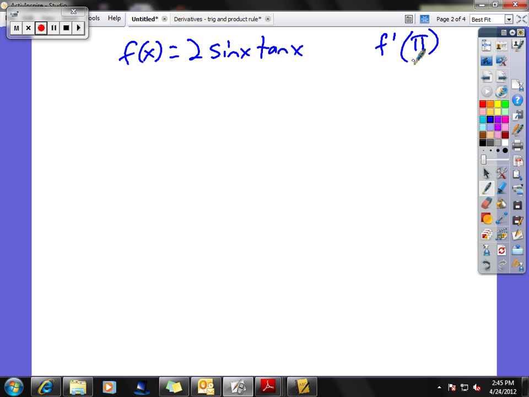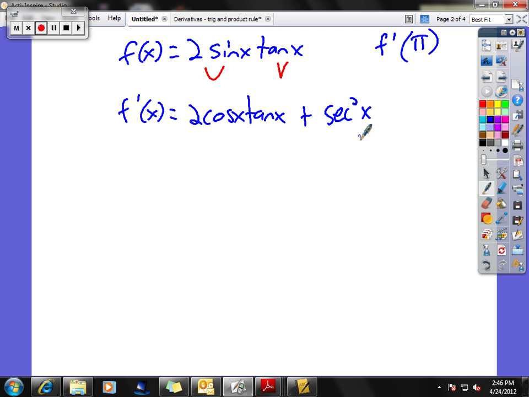So your u is going to be the 2 sine x and your v is going to be tangent x. So I've got f prime of x is equal to u prime, which is 2 cosine x, and then I've got my tangent x, plus v prime, which is secant squared x, and then I have 2 sine x.